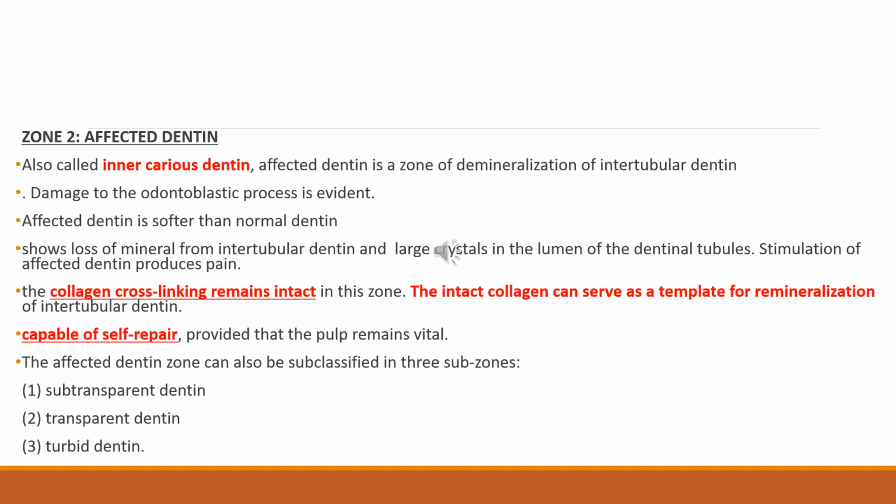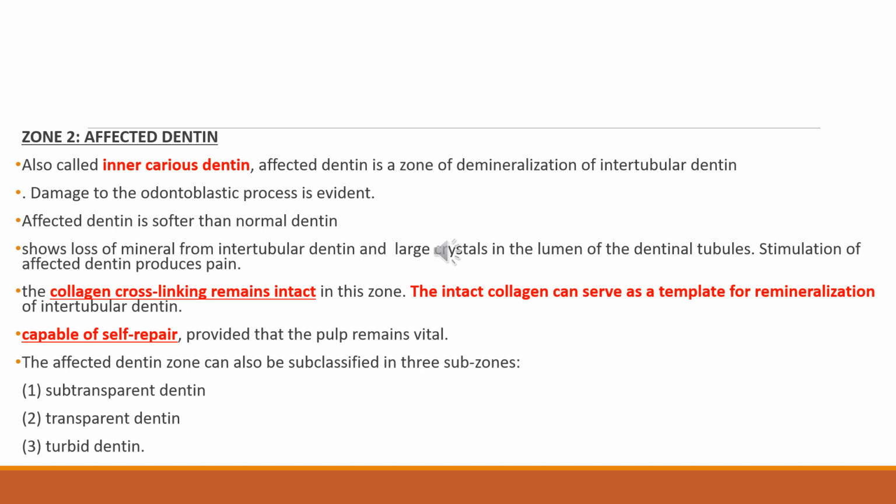Now zone 2 and zone 3 are very important: affected dentin and infected dentin. So zone 2 is the affected dentin. It is also known as the inner carious dentin, and it is a zone of demineralization. In this zone, you can see clear damage to the odontoblastic process. Affected dentin is always softer than normal dentin because there is a loss of mineral.